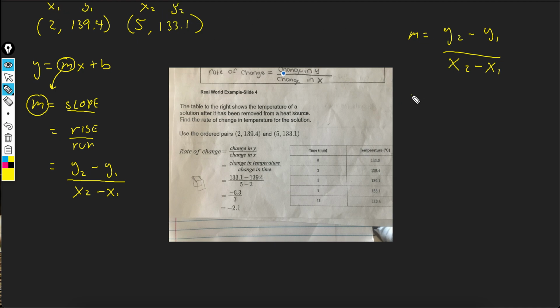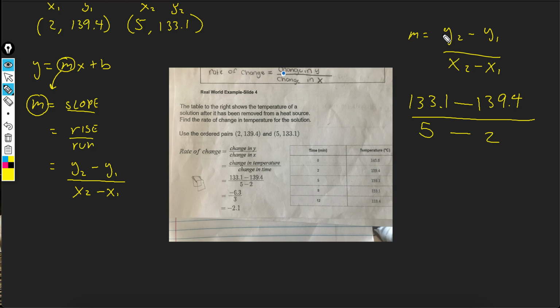Boom. We're going to write 133.1 minus, because that's what it says here, our y1. What's our y1? 139.4. Put a line, just because there's a line. Let's go to x2. 5. Minus, because it says it right there, our x1 is 2.